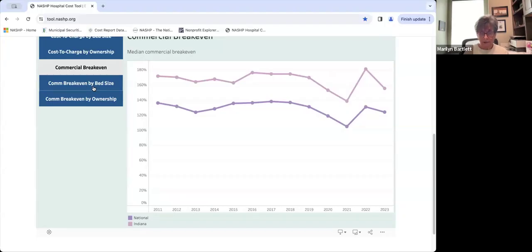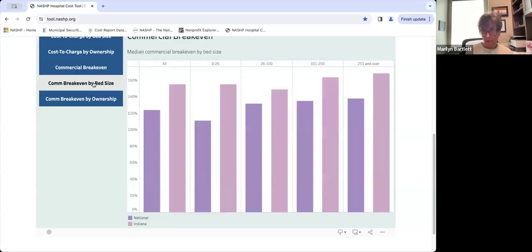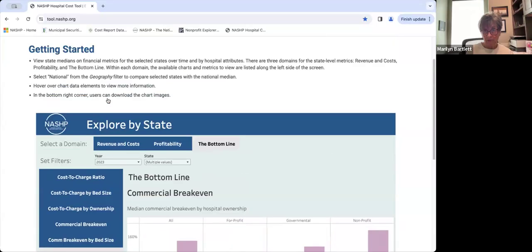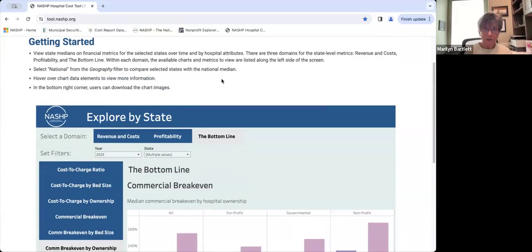Now, break even as defined is what the commercial population would need to pay as a multiple of Medicare to allow that hospital to break even, to cover all their costs, all their unrealized gains and losses on stock, all of the expenses, even those that are not hospital patient related directly. Again, we can switch it by bed size and by ownership. So that's pretty much by state.